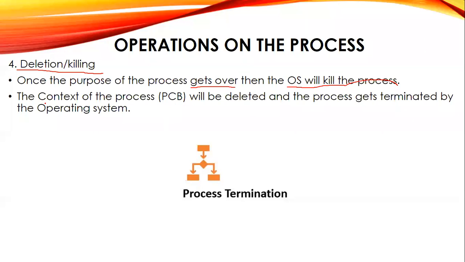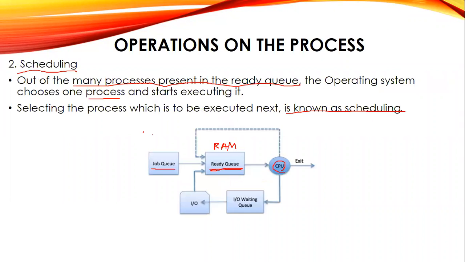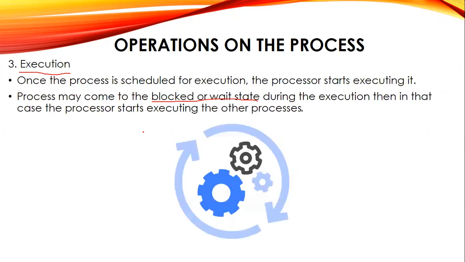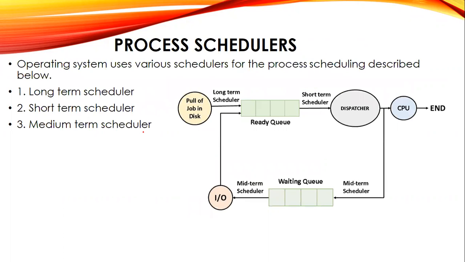So the context of the process control block will be deleted, and the process gets terminated by the operating system. So this is another operation. So we have four main operations: creation, scheduling, execution, and deletion of the process. Okay.